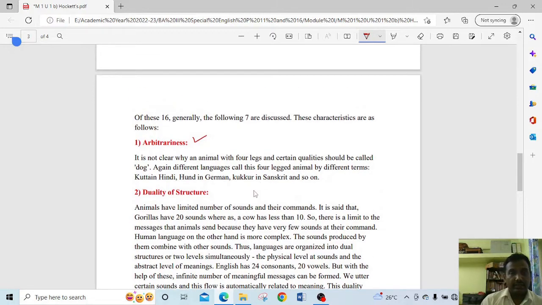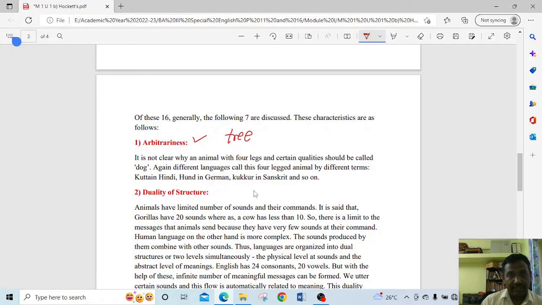It is very simple. It means that we don't know why a particular thing or a particular object is called in this way. For example, a tree is called tree. Why? There is no logic or reason.